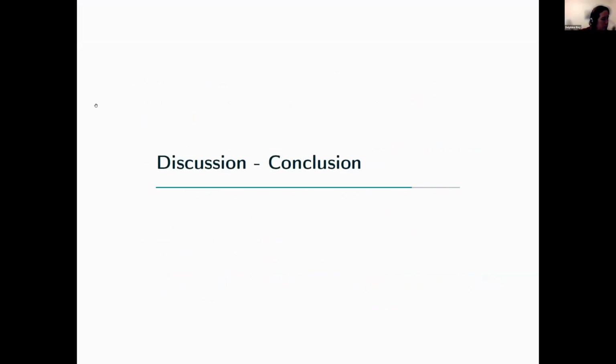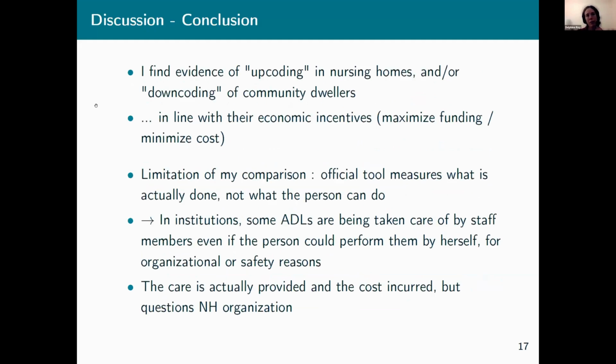And so, getting to my conclusion, I find evidence of upcoding in nursing homes, or, because I'm measuring the gap between two differences, it could also be that there is downcoding in the community, in people who live at home.